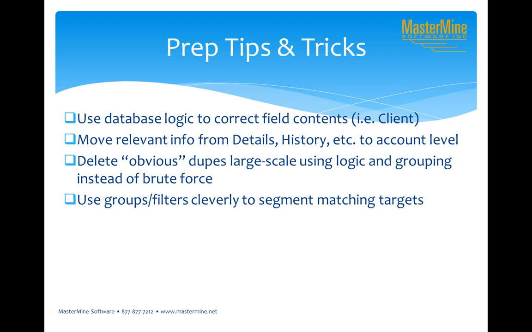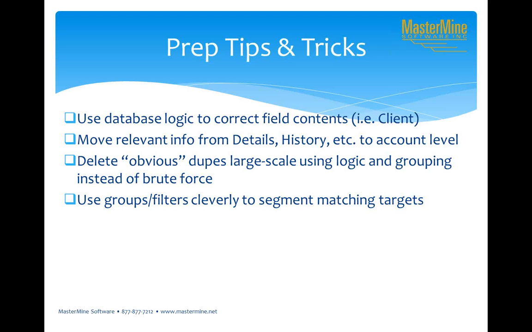Then there's deleting what I call the obvious dupes, the ones that really match up: company and contact, company and phone number, account number and area code and email, and whatever is logical for you.